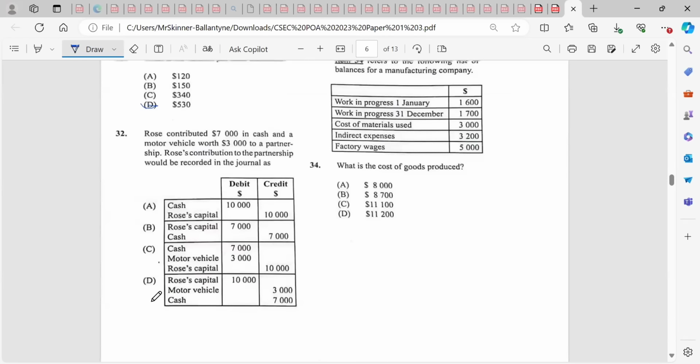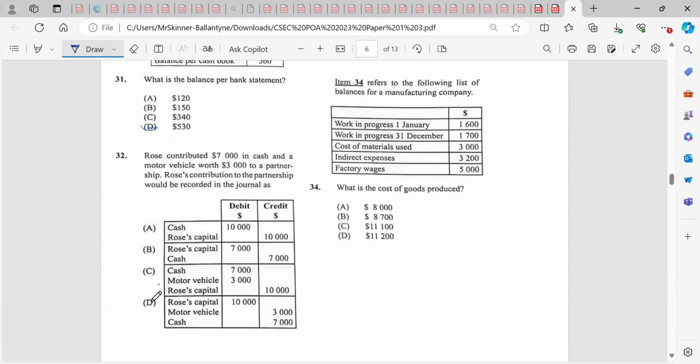Number 32, they want to know Rose's contribution to the partnership, which will be recorded in the journal as... Rose contributed 7,000 cash and a motor vehicle worth 3,000 to a partnership.